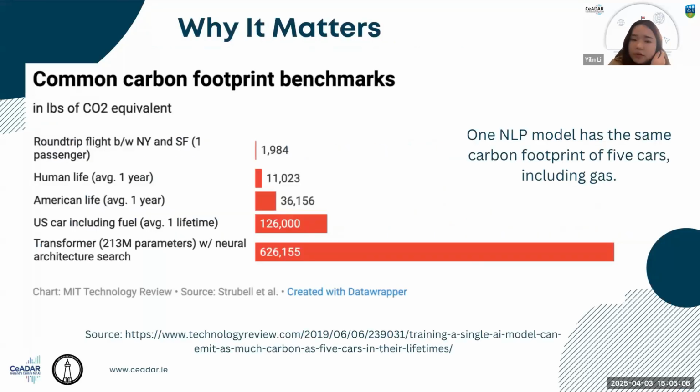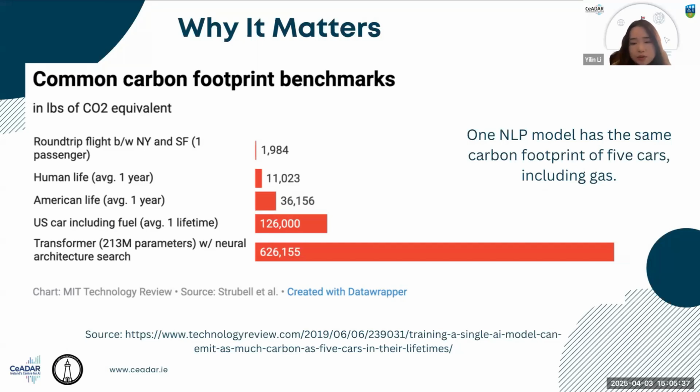As you can see, these slides show why sustainability in AI really matters. They compare the carbon footprint of familiar things like taking a flight, living for a year, and driving a car. At the bottom, you can see the impact of training just one NLP model, a large transformer model with 230 million parameters.